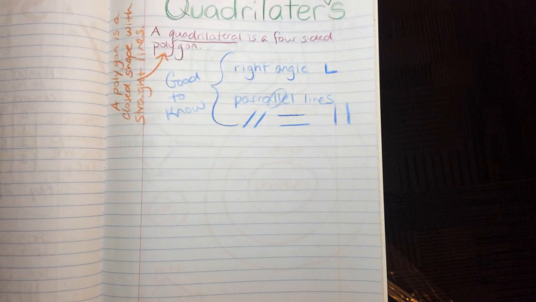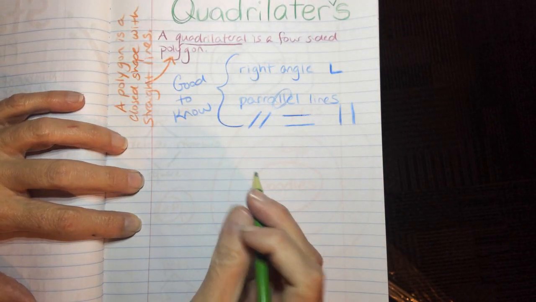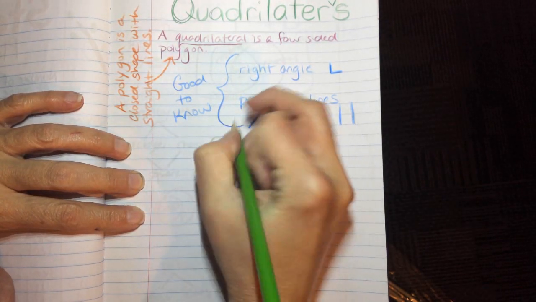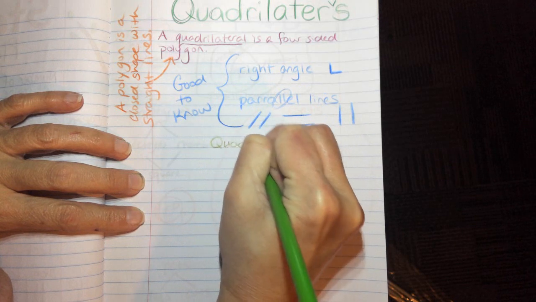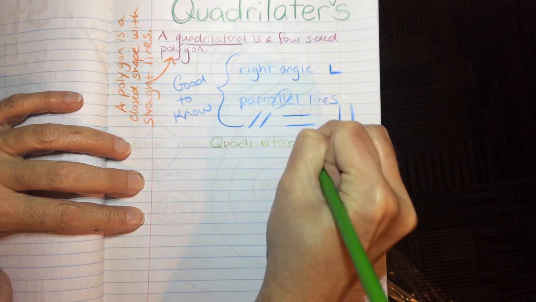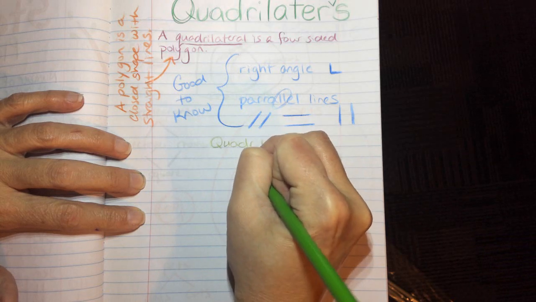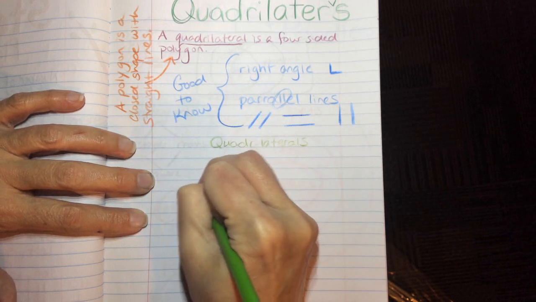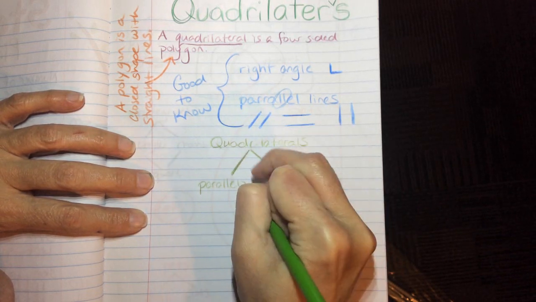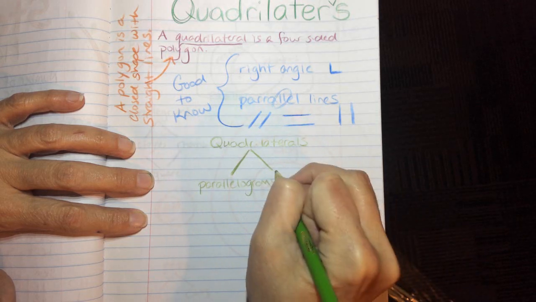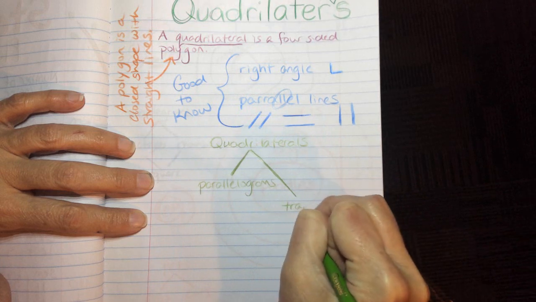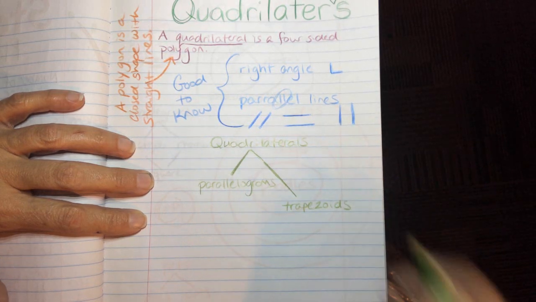So now let's get to some special quadrilaterals and what they are. I'm going to make you a little hierarchy. Quadrilaterals. We're going to talk about two different kinds: parallelograms, and trapezoids.